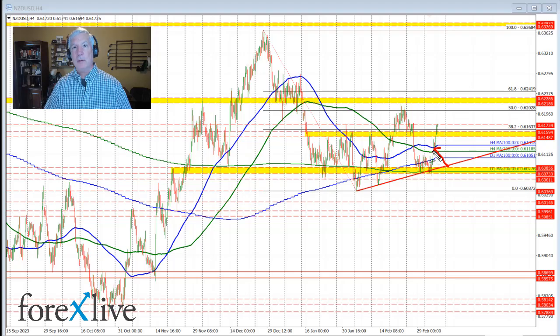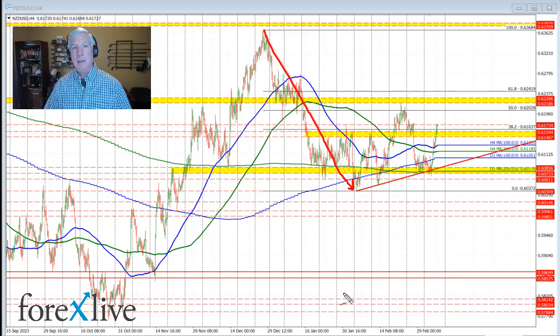This time, the moving average was the 100-bar moving average on the 4-hour chart. We had moved above both the 200 and 100-bar yesterday and then stayed above it right through here. And you can see how the price then started its rotation to the upside, trending higher and higher, getting above this swing area through here between 0.6148 and 0.6159. Also moved above the 38.2% retracement of this last move to the downside.